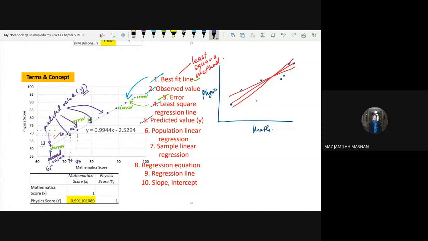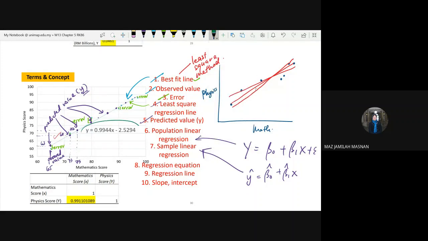Now, population linear regression. This refers to capital Y equals beta naught plus beta 1 x plus epsilon. Sample linear regression would be y hat equals beta naught hat plus beta 1 hat x. This is your regression equation.